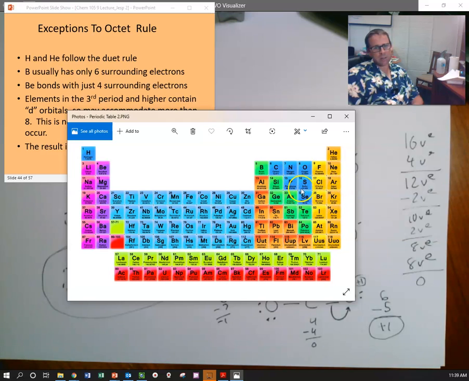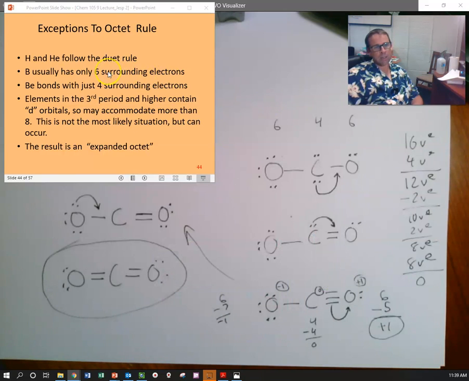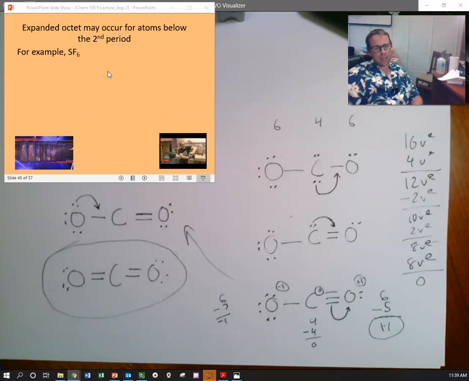All of these down here. When they're in the 3rd row, they have available the 3rd shell, which contains d electrons. And so you can have more bonding occurring than just the typical 8 electrons in a valence shell. So you can have what's called an expanded octet.